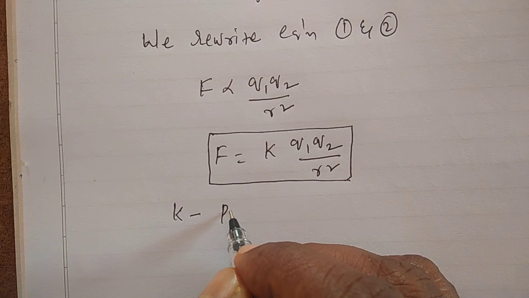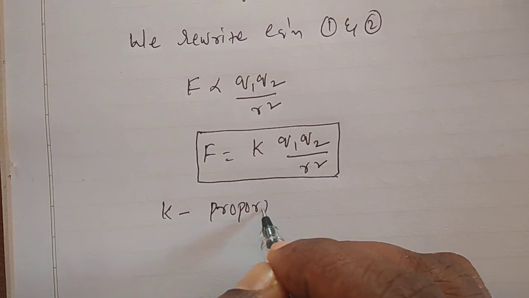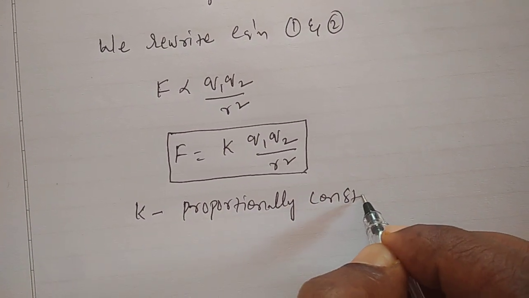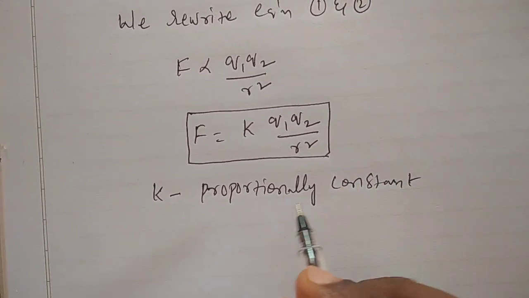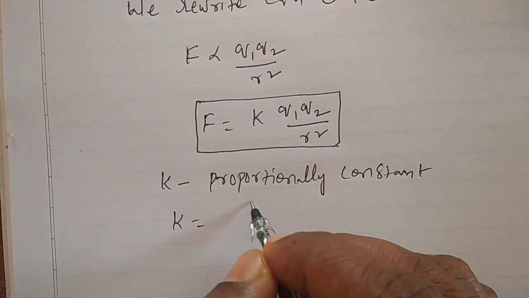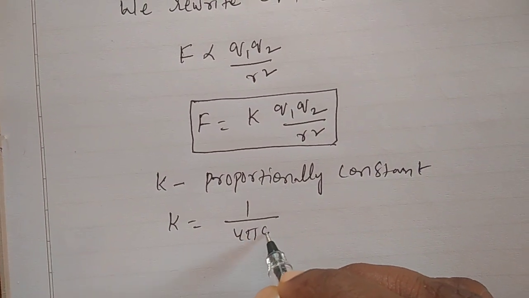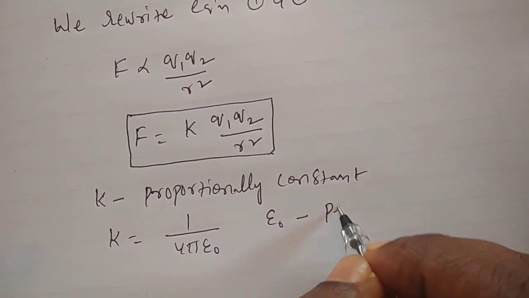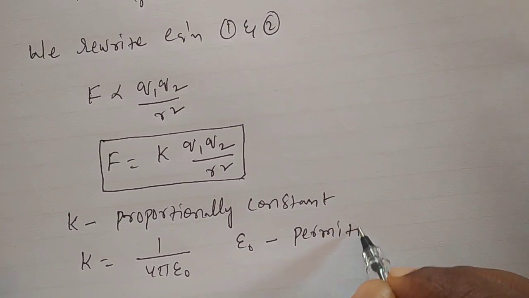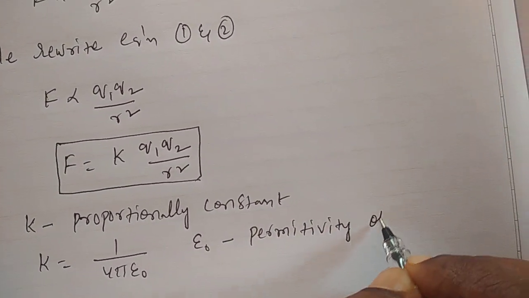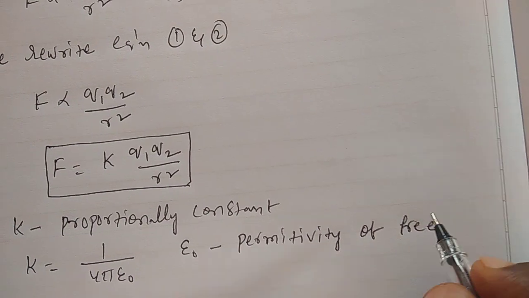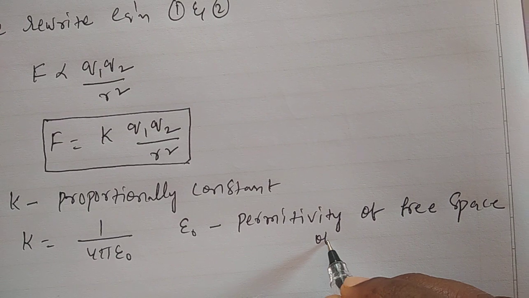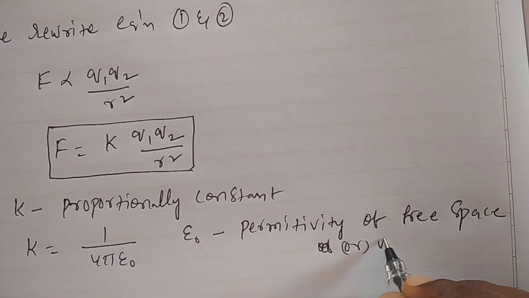Now, what is meant by k here? It is the proportionality constant. The proportionality constant value is 1 by 4 pi epsilon naught. What is meant by epsilon naught? It means the permittivity of free space, vacuum or air.